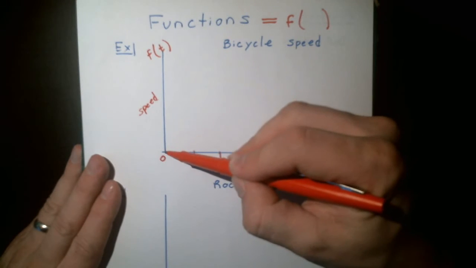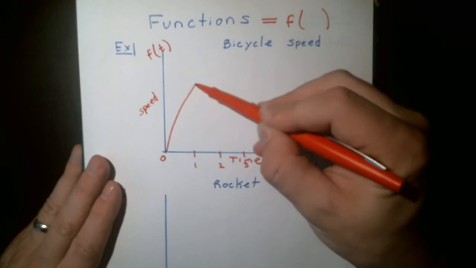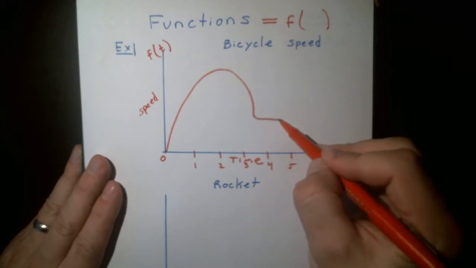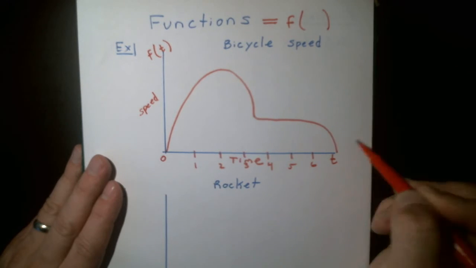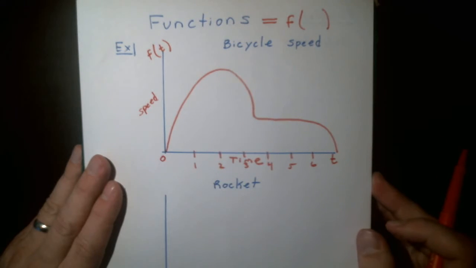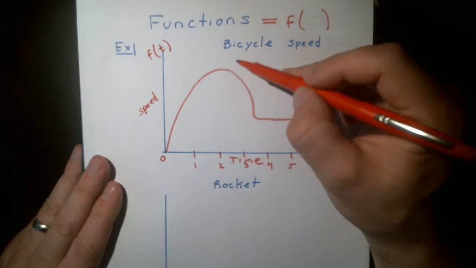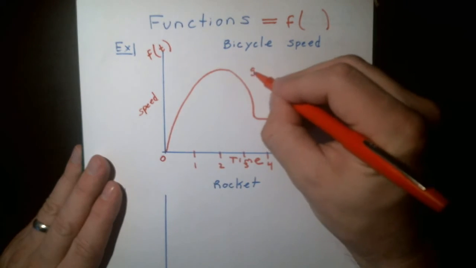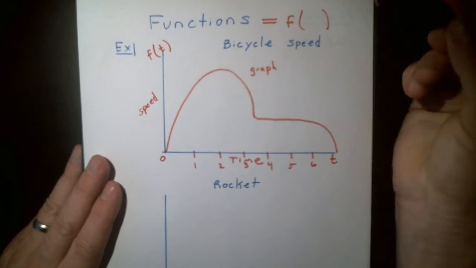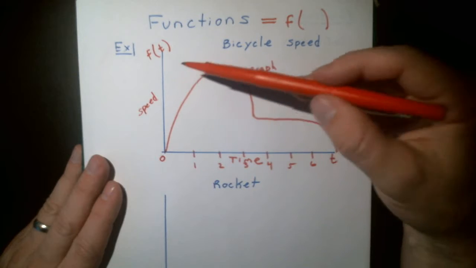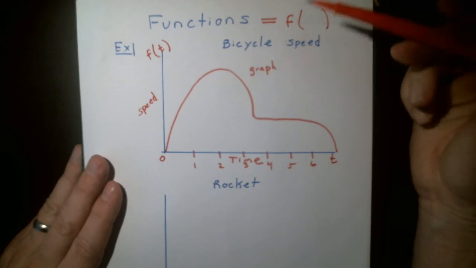So I'm going to draw this a little bit, and you might want to do the same thing. Just go like this, and go like that, and go down. So it looks something like that. Now we're going to describe this graph. So this is a graph of the time in comparison with the speed of the bicycle.